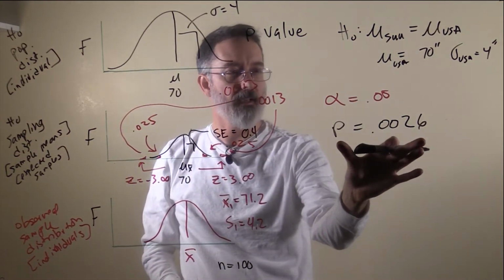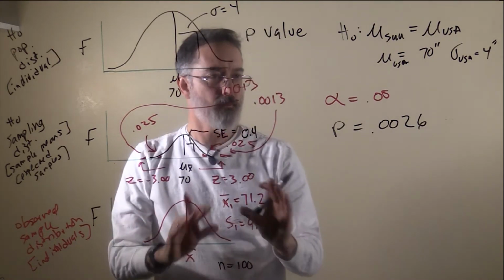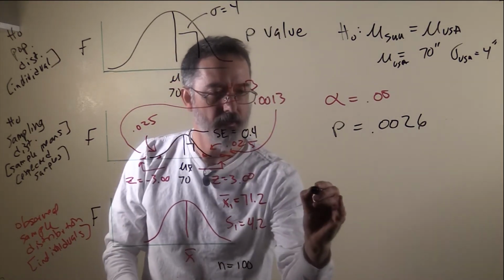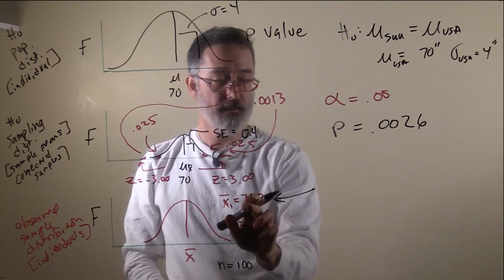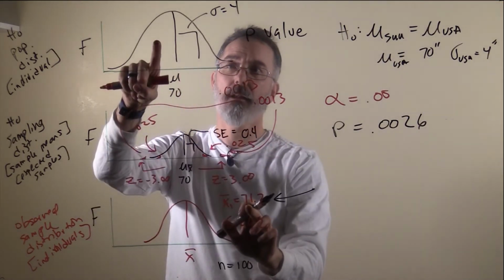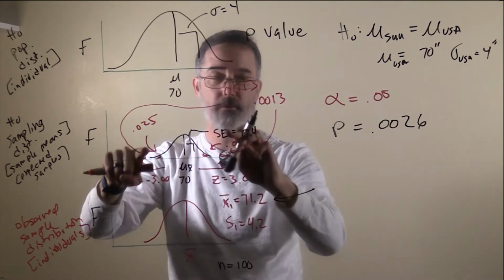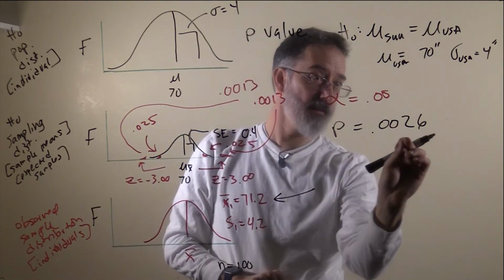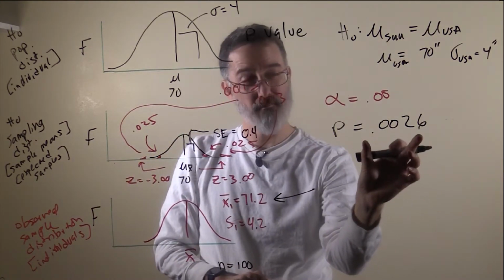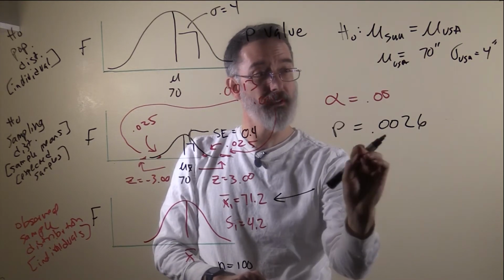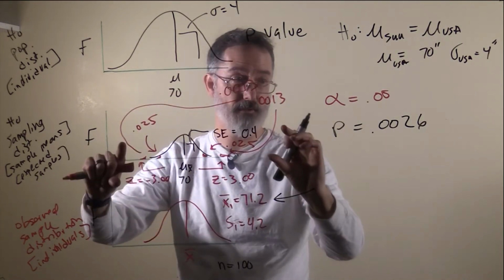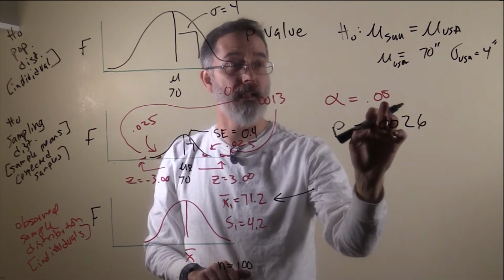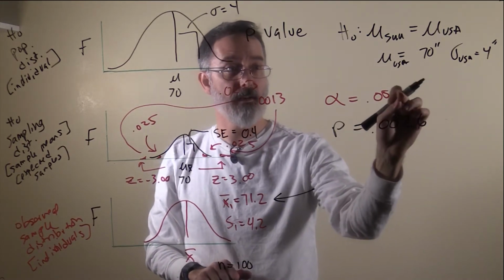So we can interpret this as the probability of getting a sample this extreme, if the null hypothesis is true due to random sampling. You get a sample this extreme in less than about 3 in 1,000 samples. It's way less than 1 in 20, which is what our alpha is.